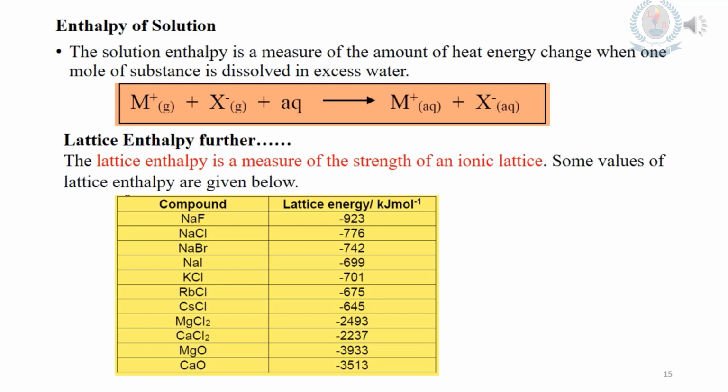For sodium fluoride, the lattice enthalpy is -923 kJ per mole. For calcium oxide, the lattice enthalpy is -3513 kJ per mole. Now we will learn why there is a difference.